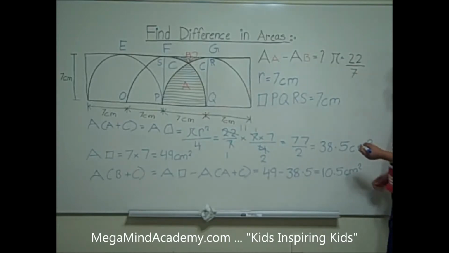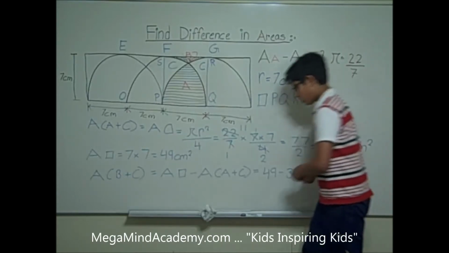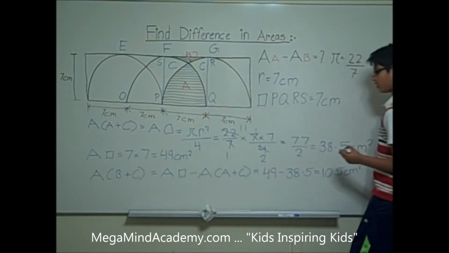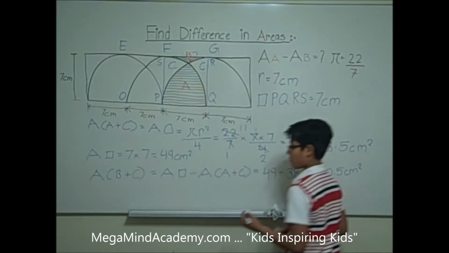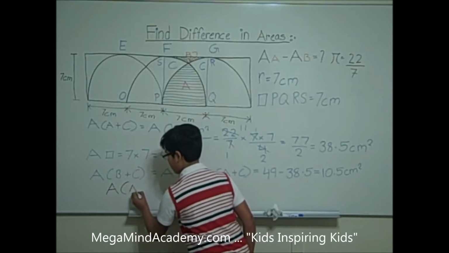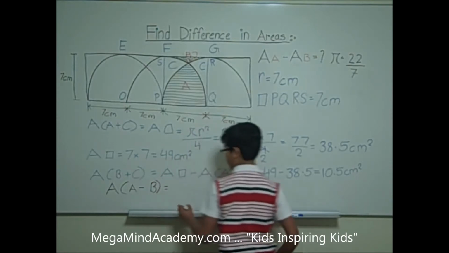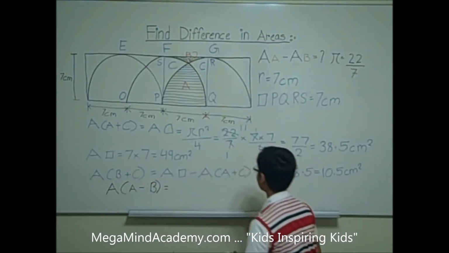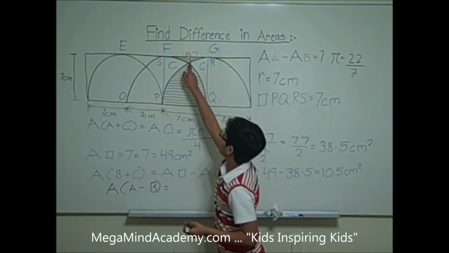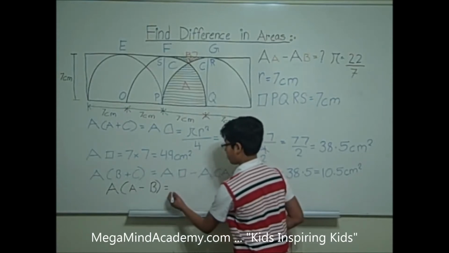Now, we need to find the area of portion A minus portion B. The area of portion A minus portion B is equal to the area of portion A plus C minus the area of portion B plus C. The reason we are going to do this, I'll explain to you after we solve it.